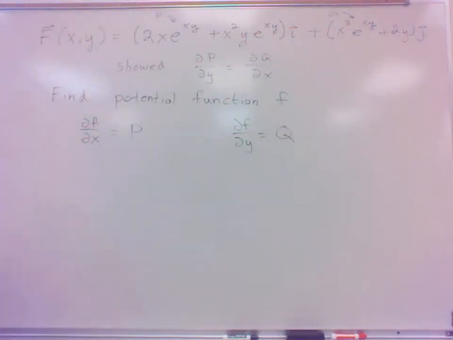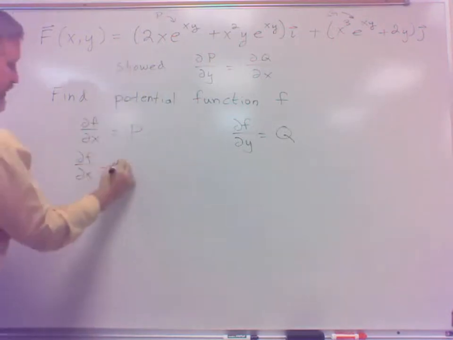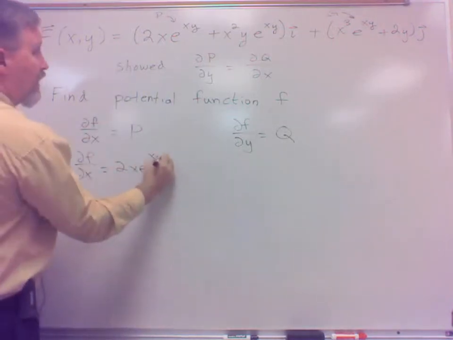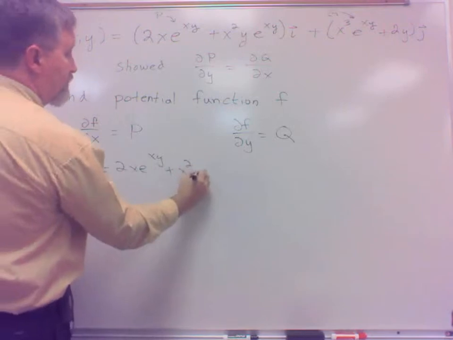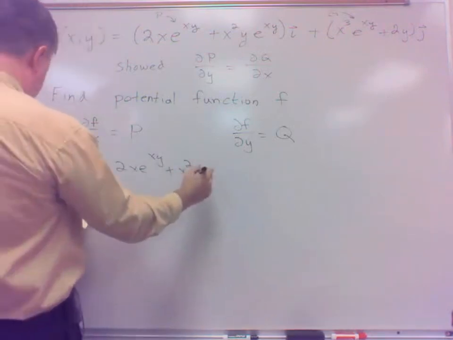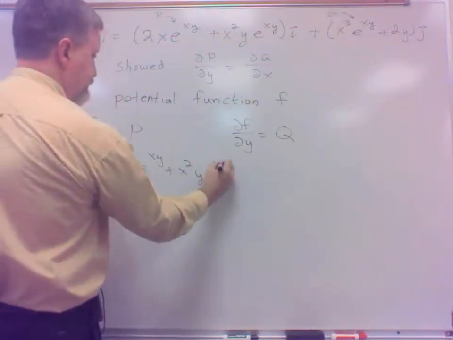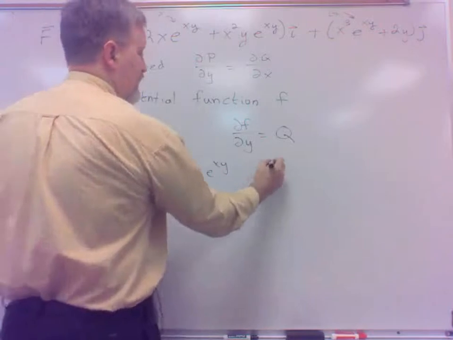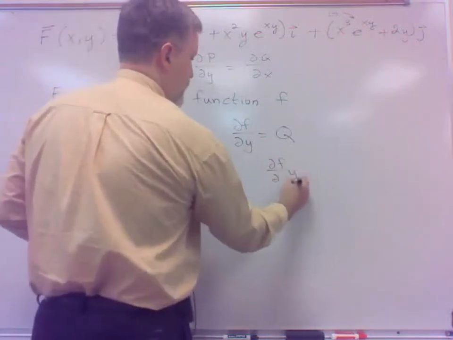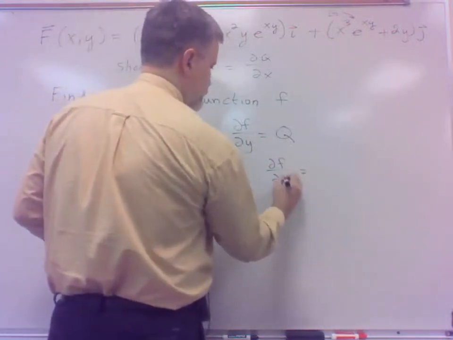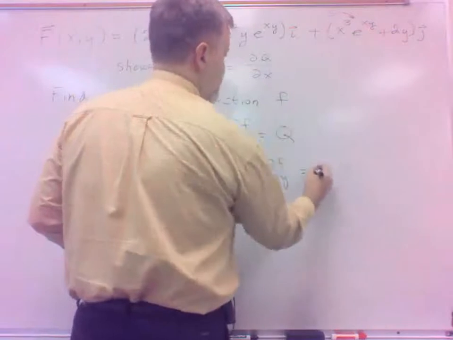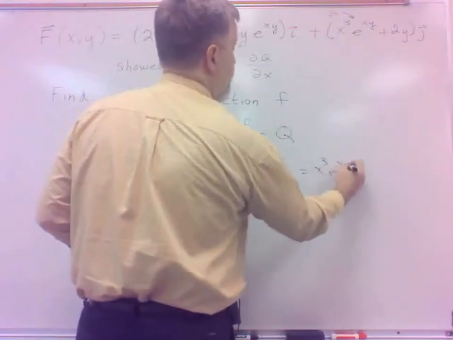In this case, that would mean the partial of f with respect to x equals 2x e to the xy plus x squared y e to the xy. And then we'll have the partial of f with respect to y equal to x cubed e to the xy plus 2y.